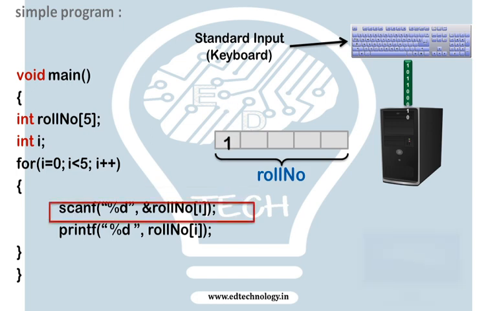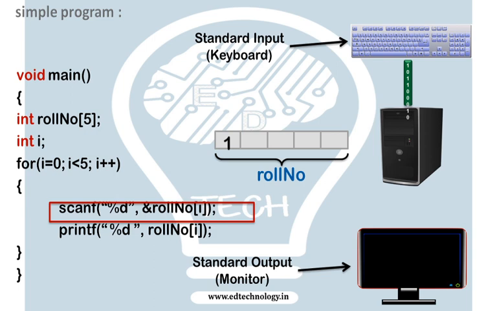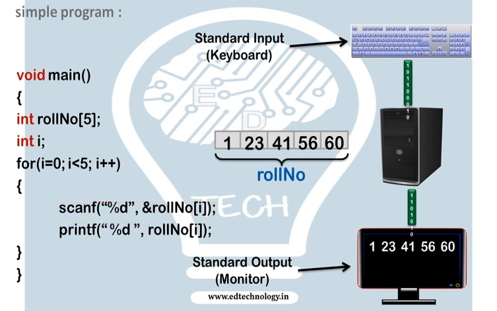So multiple values can be stored, and those values can be shown on an output screen using a printf statement, again in the form of binary digits that go from the computer to the output devices, which display it on the output screen. Similarly, we can store multiple values. That's how the basic mechanism of a simple C program works.